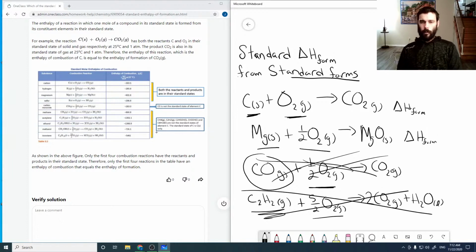Okay, so just to wrap back, a delta H of formation is just the delta H for the reaction in which the reactants are in their standard form. And I quickly went through a few of the standard forms.